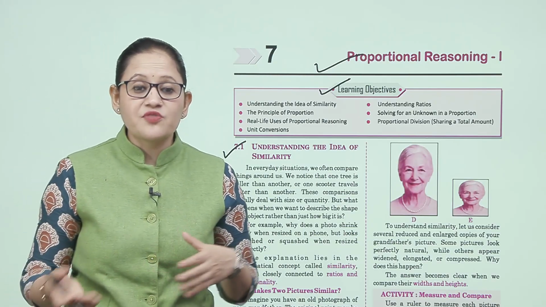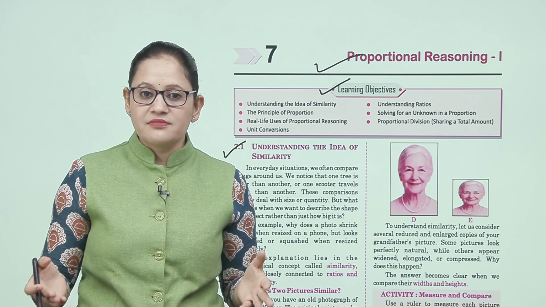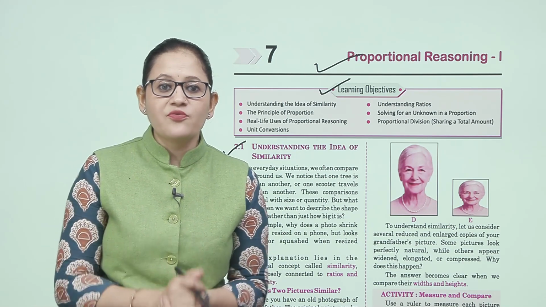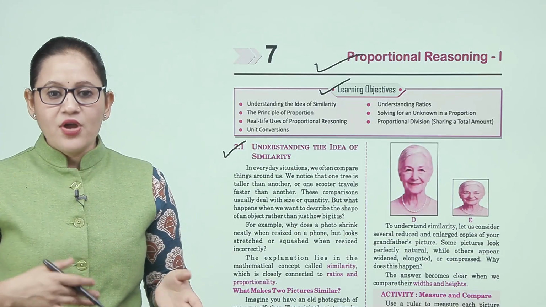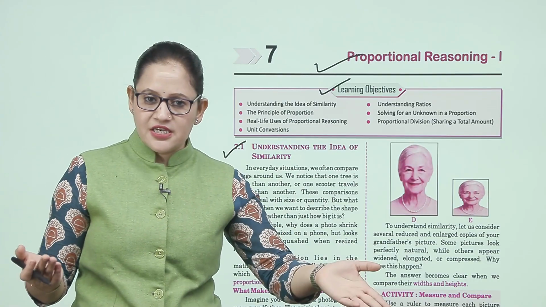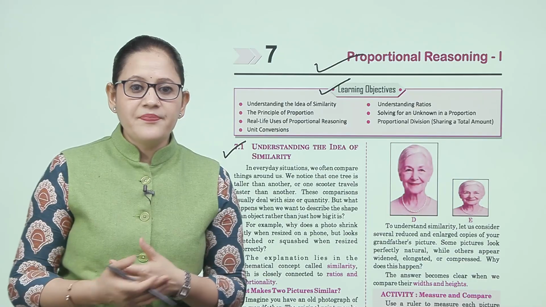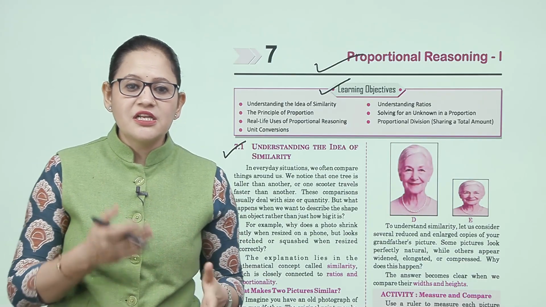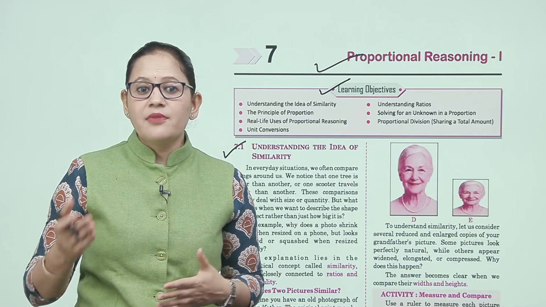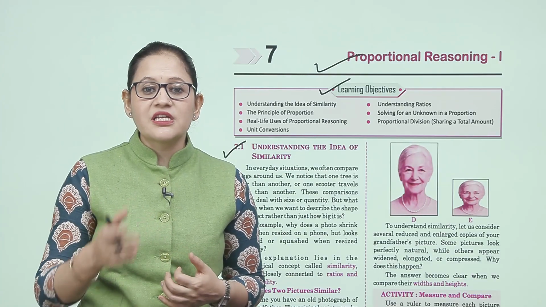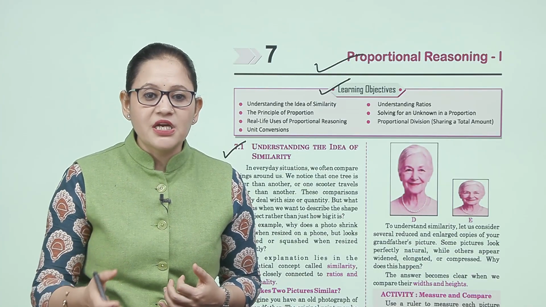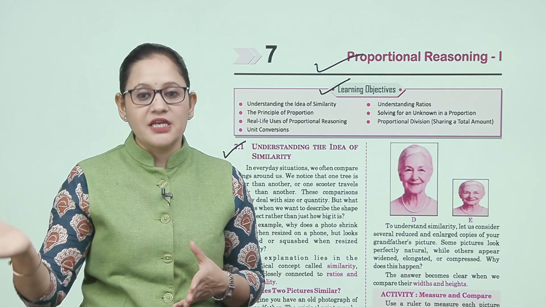In everyday situations, we often compare things around us. We notice that one tree is taller than another, or one scooter travels faster than another. These comparisons usually deal with size and quantity. But what happens when we want to describe the shape of an object rather than just how big it is?